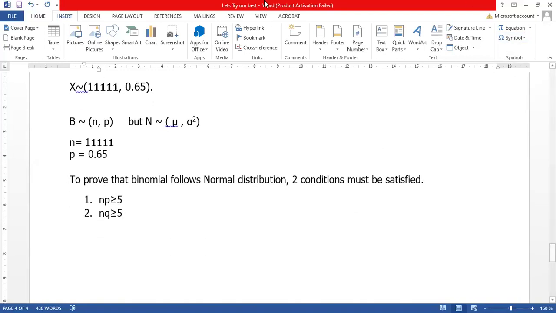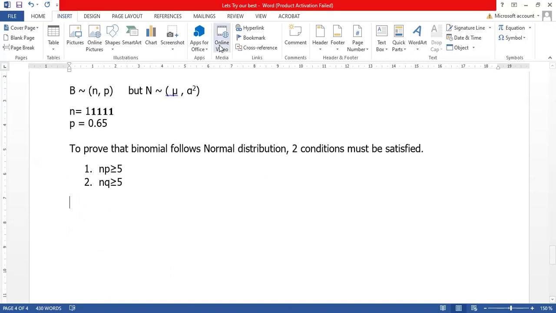Take note. If you find that one of these two, the first one or the second one, is below 5, then you cannot apply normal distribution. So let's prove that indeed binomial follows normal distribution. Let's see from this question. What is our np?